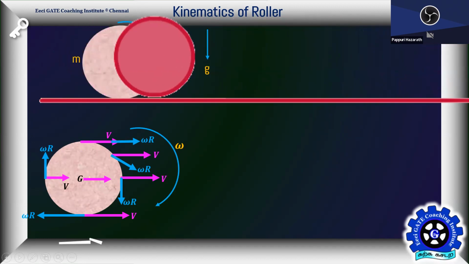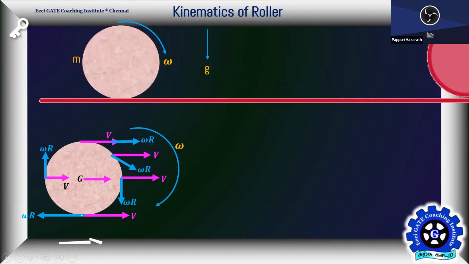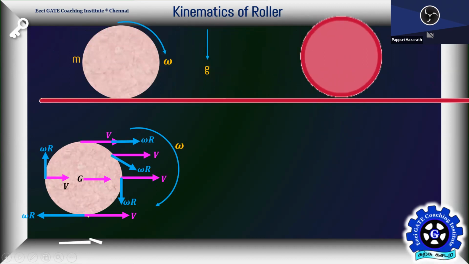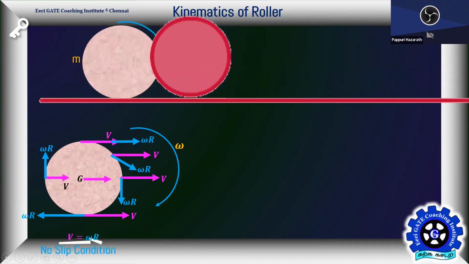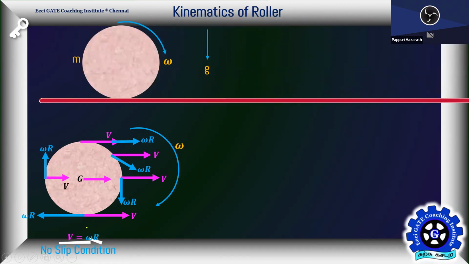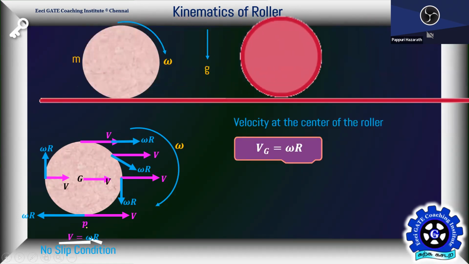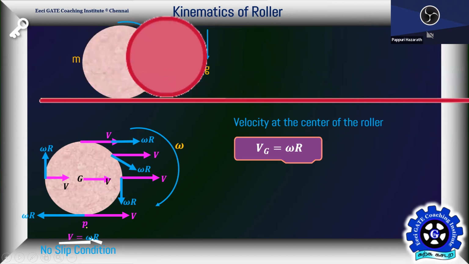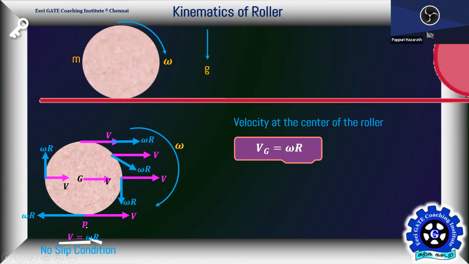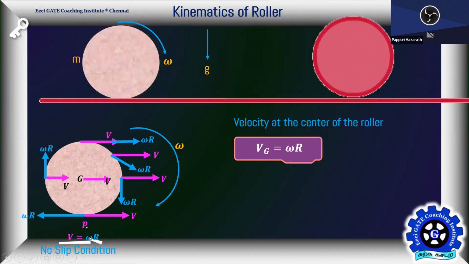So what is the velocity under no slip condition? Velocity at this particular point will be 0. No slip condition. That part we can discuss slowly. Velocity at the center of the roller is equal to omega R. How to analyze this and what is the instantaneous center method? Slowly we'll go.